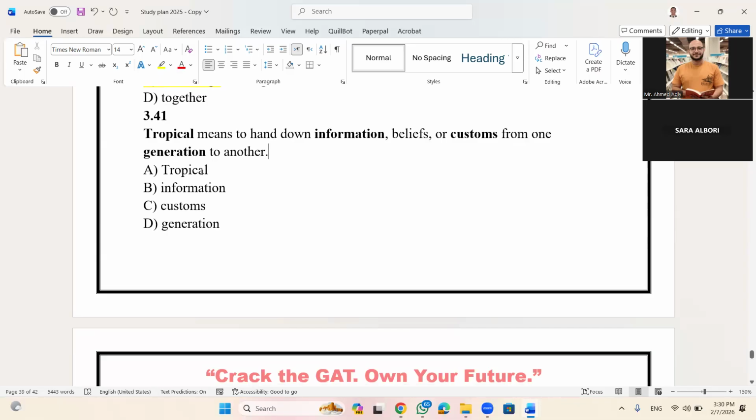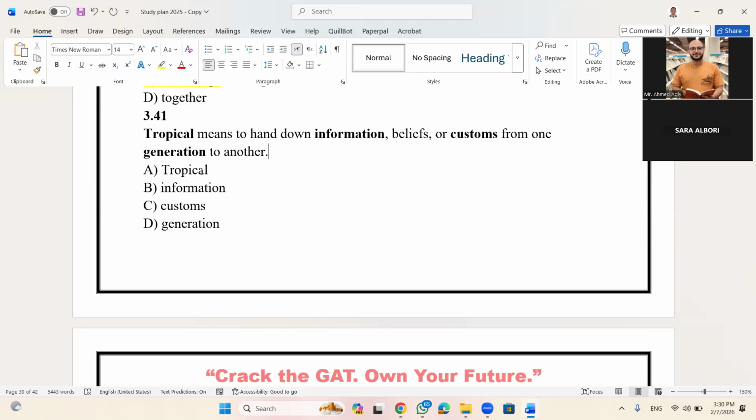Tropical means to hand down information and beliefs or customs from one generation to another. So here I'm talking about what? I'm talking about when parents and great grandparents pass down things to their children.